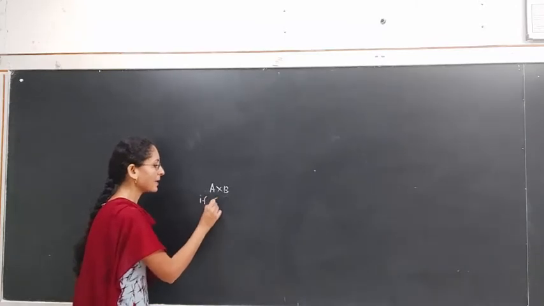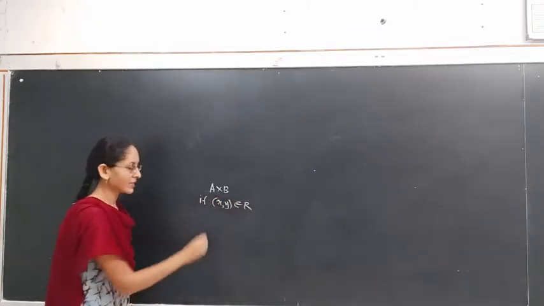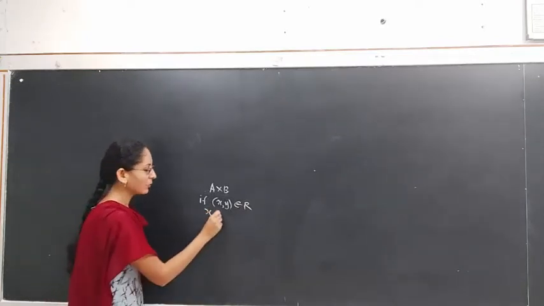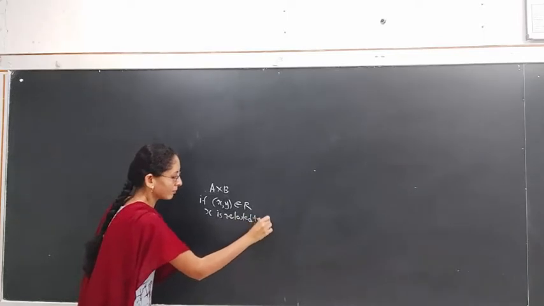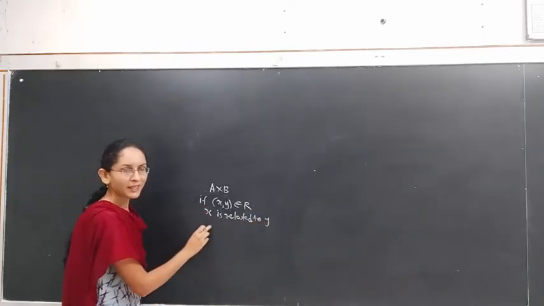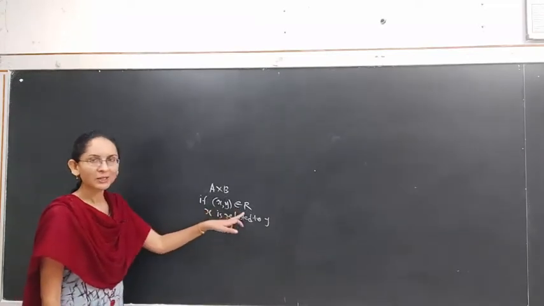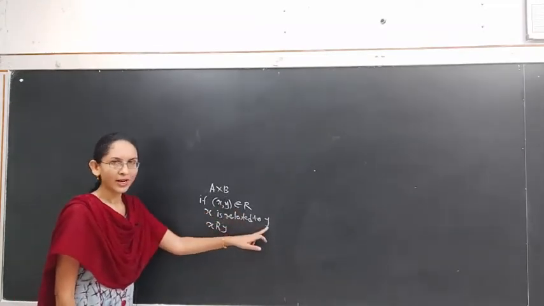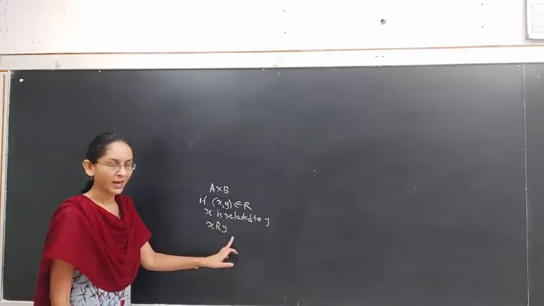If the ordered pair (x, y) belongs to set R, then we say that x is related to y. Mathematically, we write it as x R y.